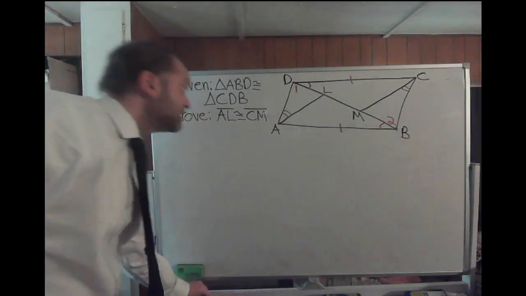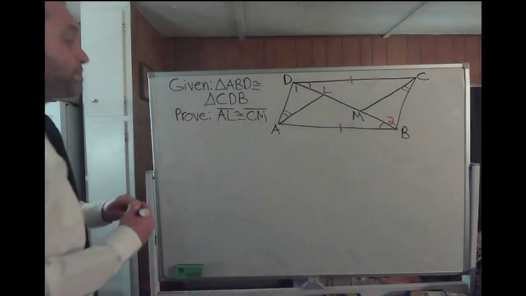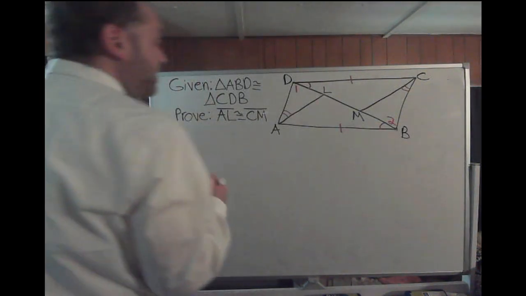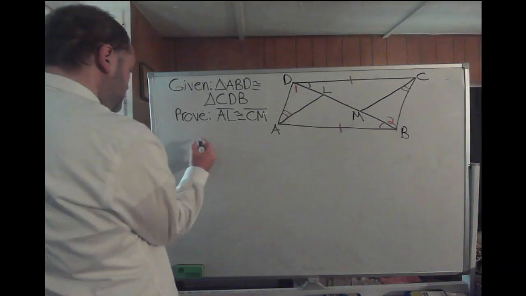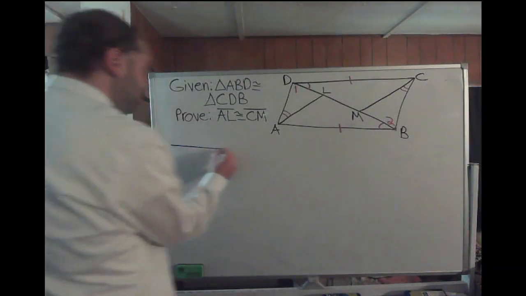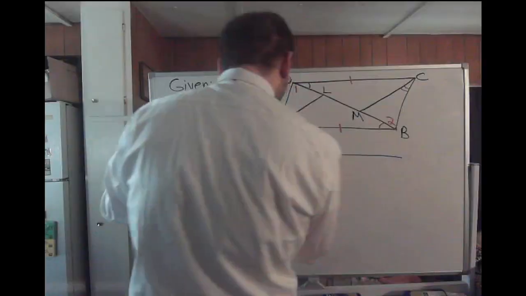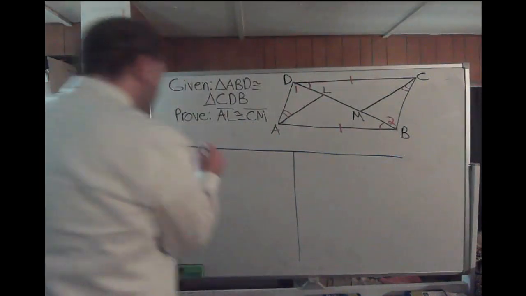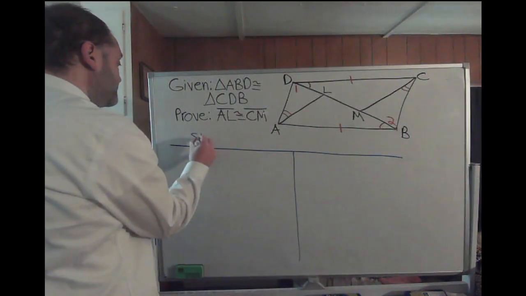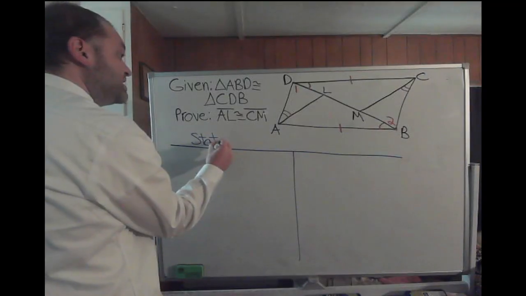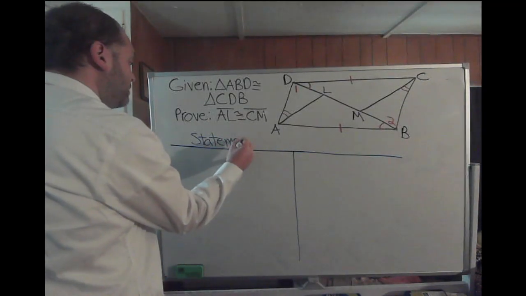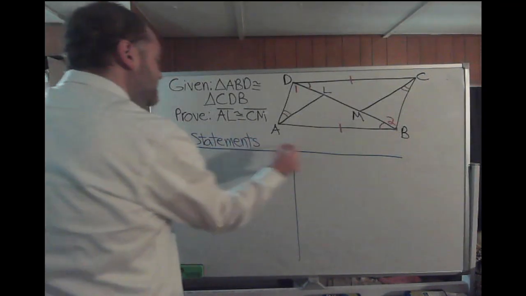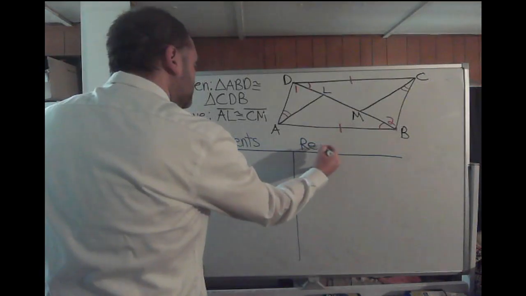So let's go ahead and set up our 2 columns. This is one of those proofs here based on the diagram that looks a lot worse than it really is. It's really not as bad as it looks.